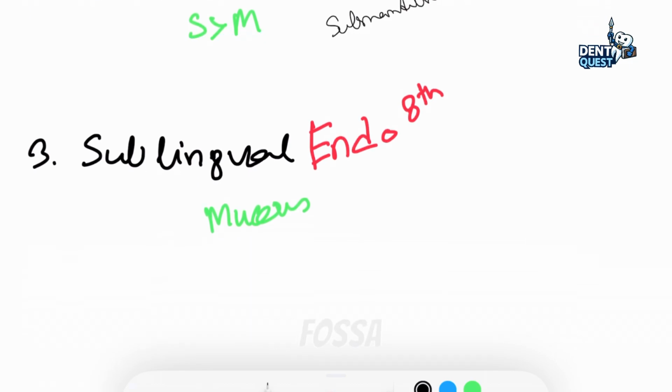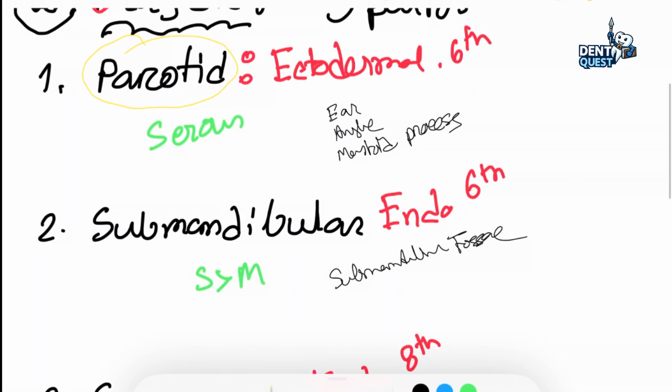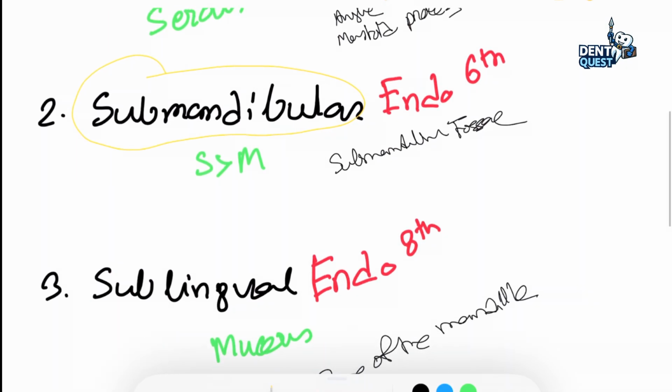The sublingual fossa holds the sublingual gland, which is on the base of the mandible. The parotid and the submandibular glands are enclosed by the investing layer of cervical fascia, but the sublingual is not enclosed.